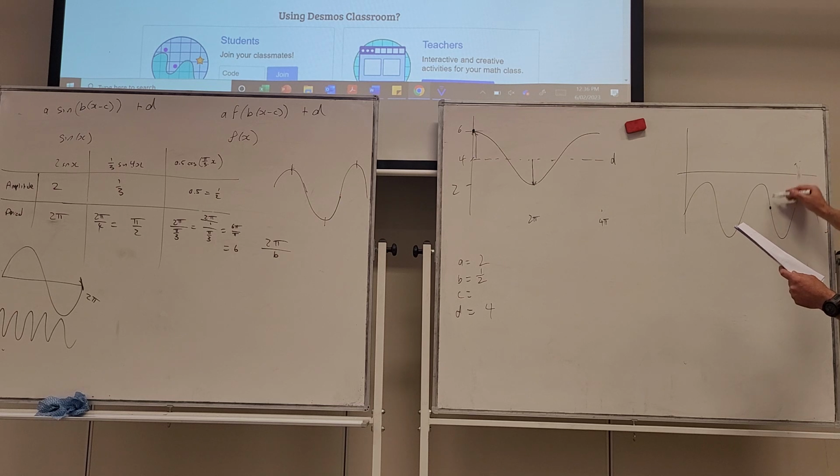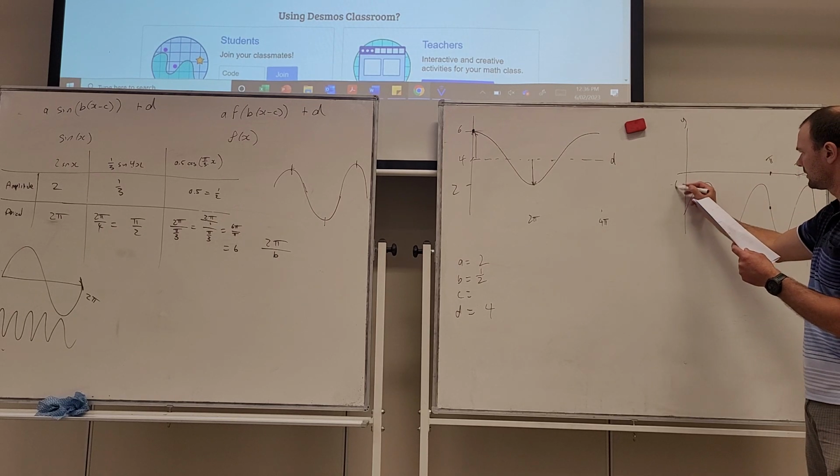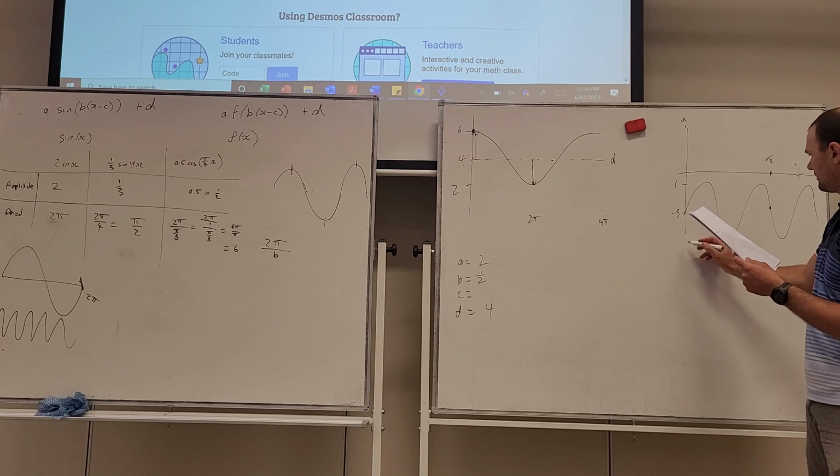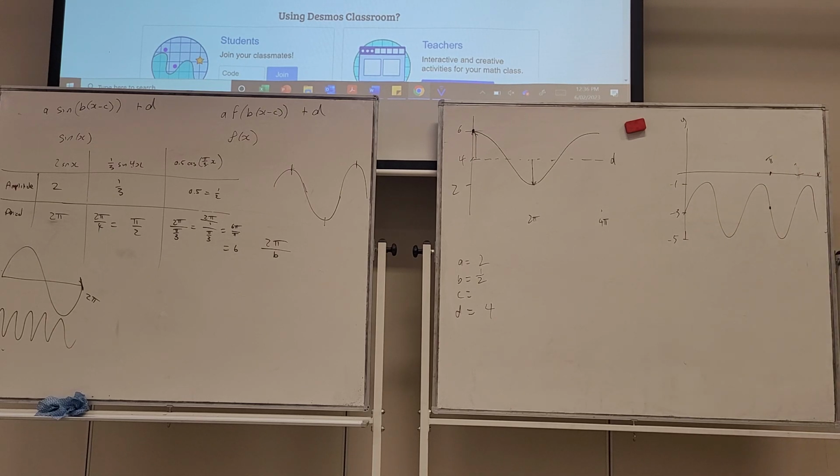So we go there. This point here is (-1.5, -3). Cool. So we need to find the values of A, B, C, and D.